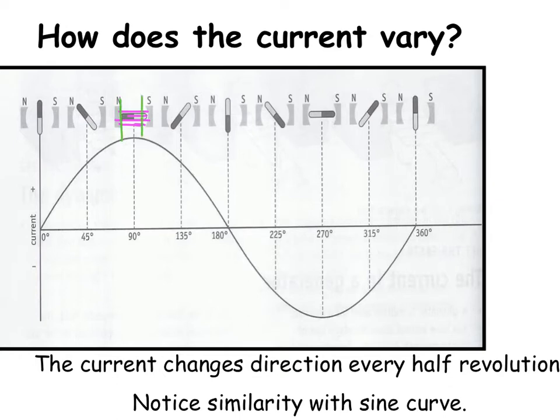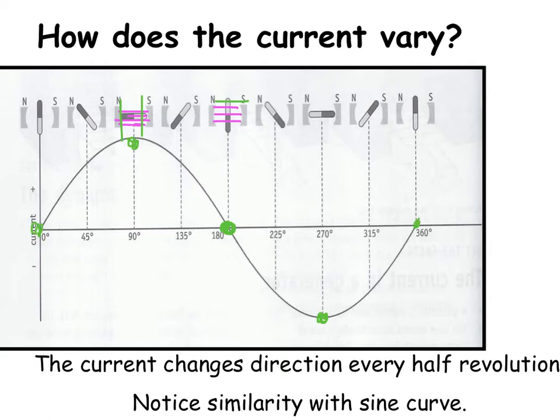When you are in the position over here, you are moving that coil at exactly 180 degrees or 0 degrees to the magnetic field. And again, maximum over here, maximum over there, minimum in the vertical position, minimum in the vertical position.